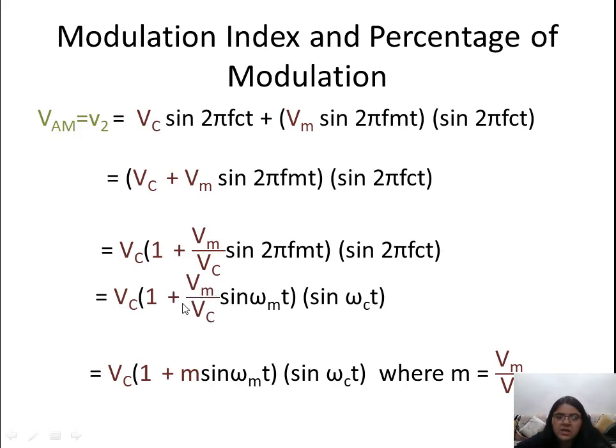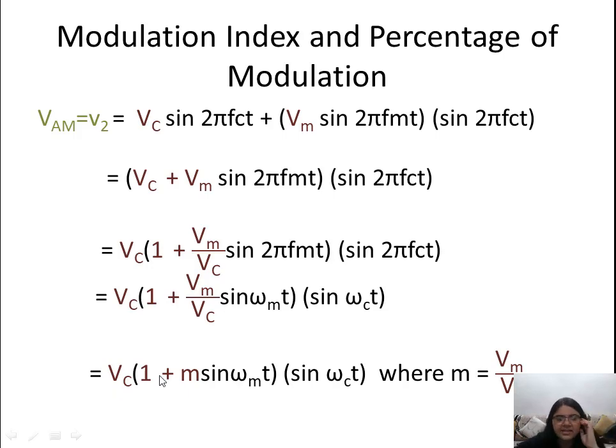So rewriting this equation, it is equal to Vc times (1 plus small m sine omega mt) sine omega ct. So m is equal to Vm upon Vc. Now, the condition for Vm and Vc that we have studied is that Vm should be less than Vc.